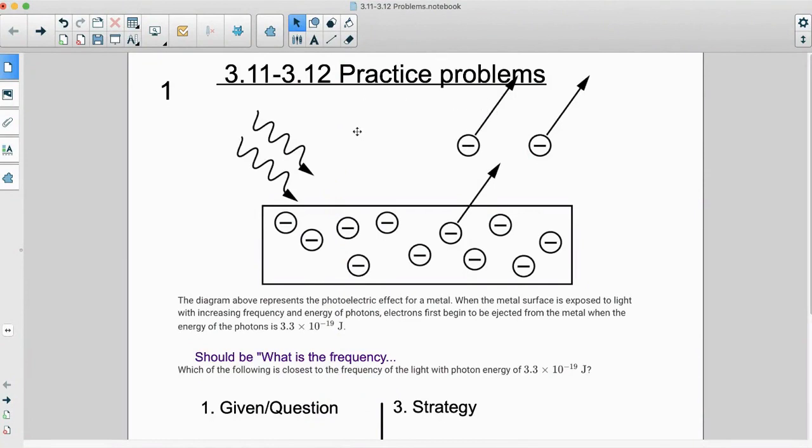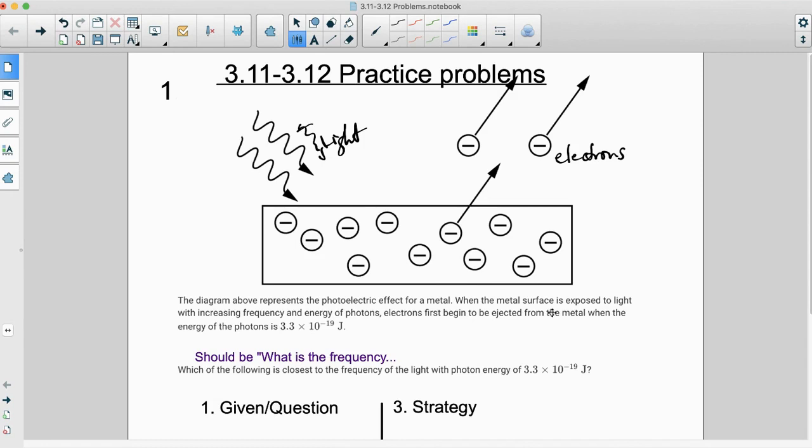Okay, so number one on the practice problems, you can see here that there is light coming in. So these are light waves coming in. This is a piece of metal, and we have electrons shooting off, and basically the text tells us that the diagram above represents a photoelectric effect for a metal.